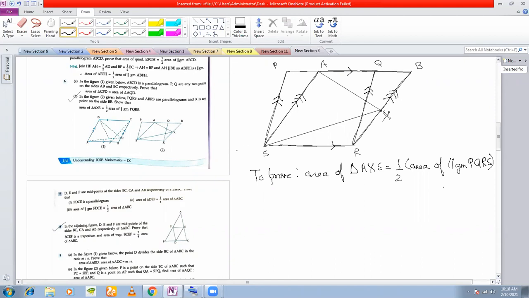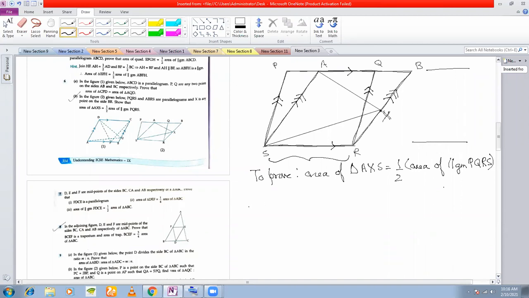Let us consider now these two parallelograms, that is PQRS and ABRS. If you see, both the parallelograms are on the same base SR, and between these two parallel lines PB parallel to SR. Therefore, the area of these two parallelograms must be equal, because we know that parallelograms on the same base and between the same parallel lines have equal area.